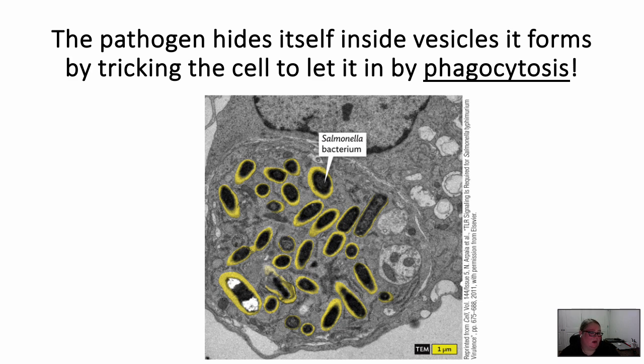It's going to make it so that the lysosome is not going to fuse with the vesicle that's come in. Sometimes we refer to the vesicle in endocytosis as the endosome. So the vesicle that has brought the Salmonella in isn't going to fuse with the lysosome, which means that the Salmonella enterica is not going to be broken down.